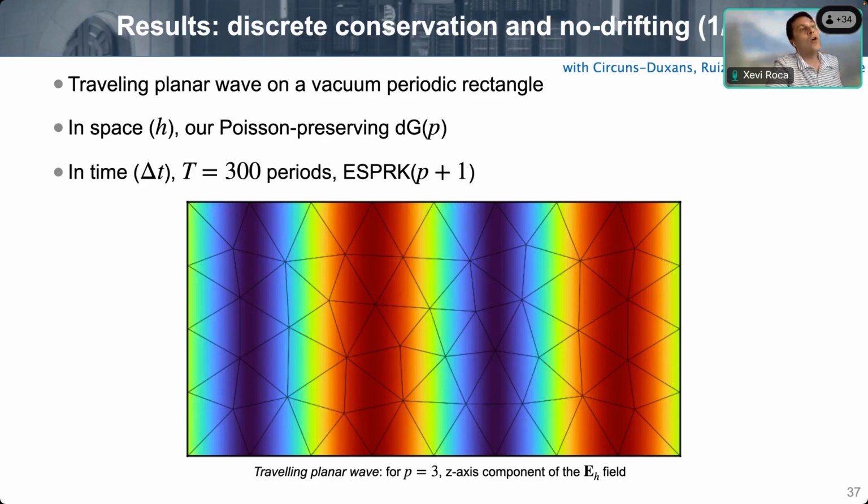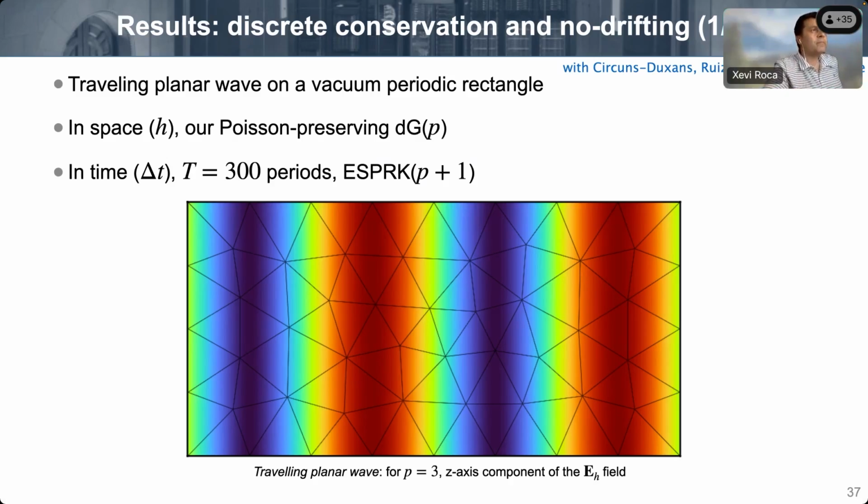What goes out from the right goes in from the left of the rectangle. Here you're seeing in colors the z component of the electric field for polynomial degree 3. In space, we use our semi-discrete Poisson preserving DG. And in time, we use, for 300 periods, an explicit symplectic partitioned Runge-Kutta method of order p plus 1.